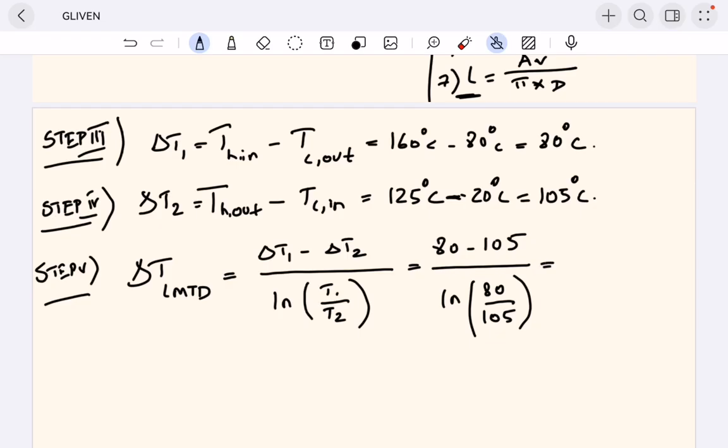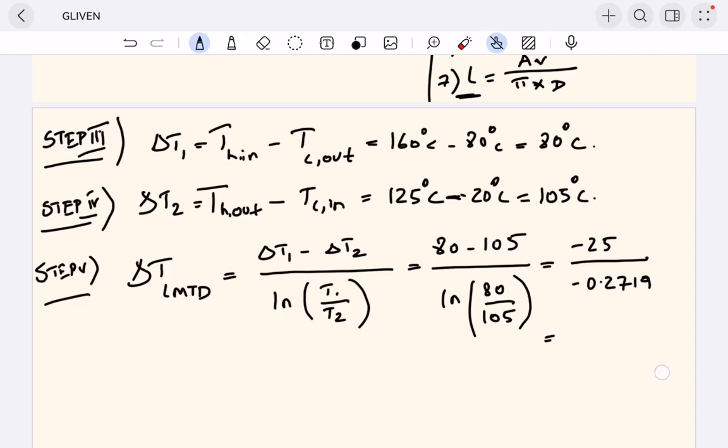So this should give you, let us calculate how much is the answer. 80 minus 105 should give you minus 25, divided by ln of 80 divided by 105, which should give you minus 0.2719.